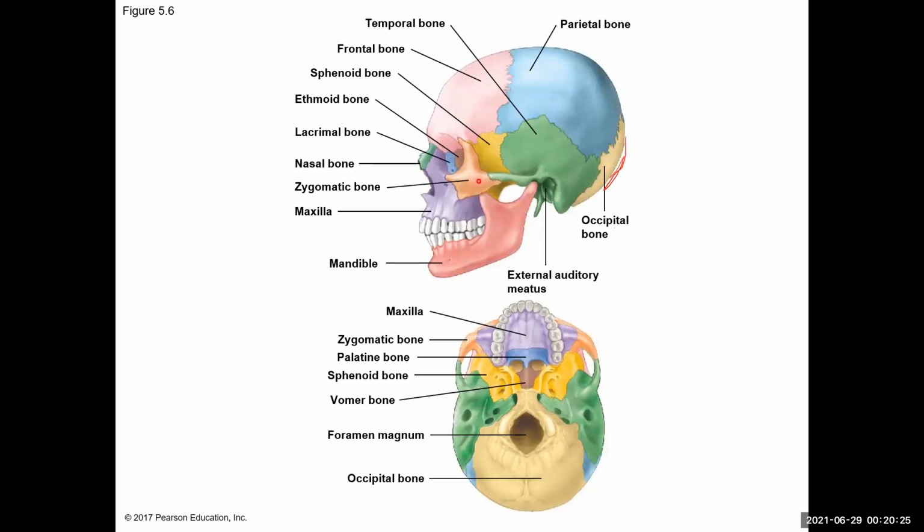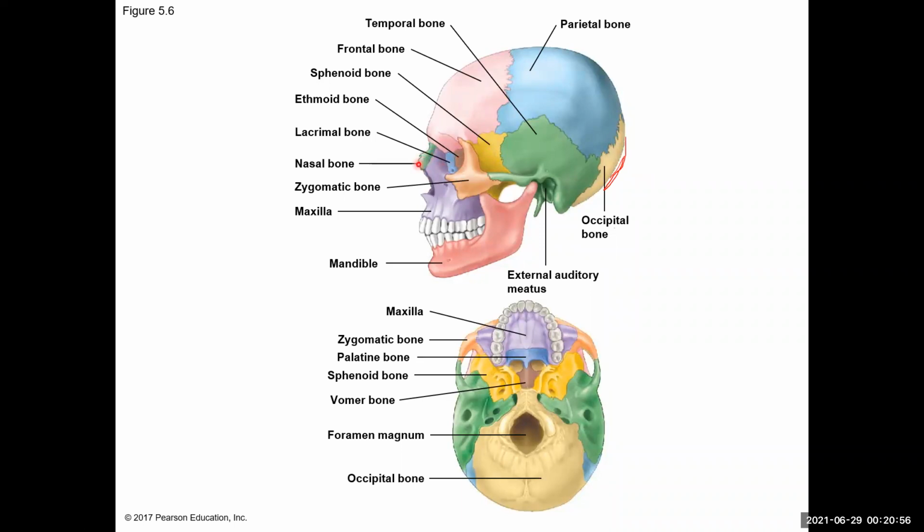And then inside the eye orbital, you have a lacrimal bone, which is this blue area, and you can see that little hole there. That's where your tear duct is, and behind that, in between the lacrimal and the sphenoid, is the ethmoid bone.